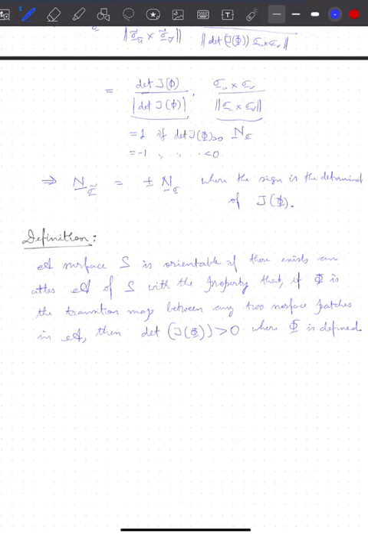So it says that a surface is orientable if there exists an atlas A with the property that if phi is the transition map between any two surface patches in A, then this determinant of J of phi has always to be greater than 0. So that is what we are looking for here.